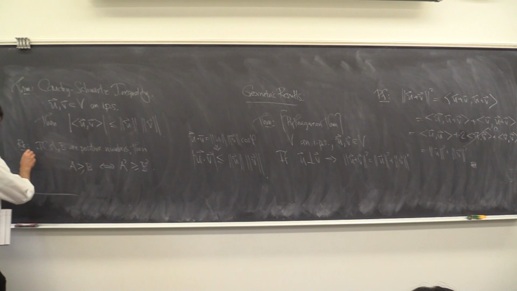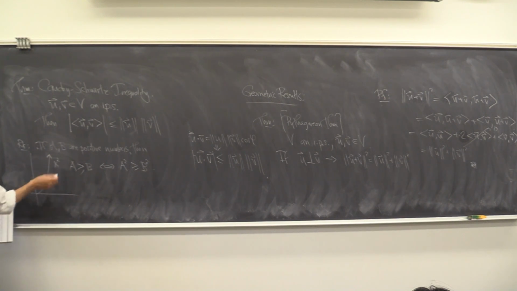If you know that A is greater than or equal to B, then you definitely know that A squared is greater than or equal to B squared. And conversely, if you know that A squared is bigger than B squared, you know that A must have been bigger than B.